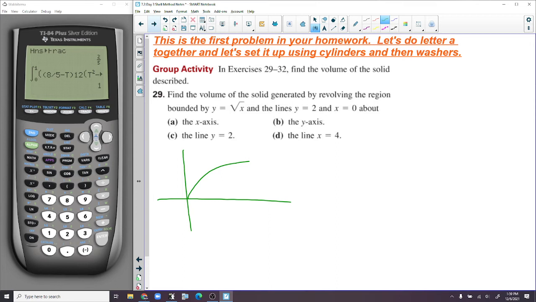Isn't that square root of x? I just put it across the y as well, just for my own reference. Oh, but your lines look straight to me. Well, I know they're curved. As long as you know they're curved, that's all I need to know. Okay, all right. That's what I was worried about.